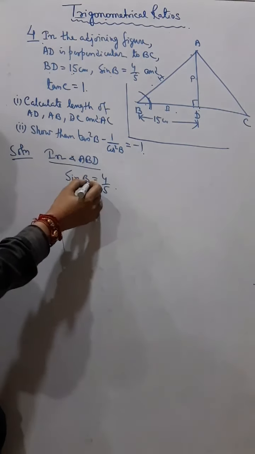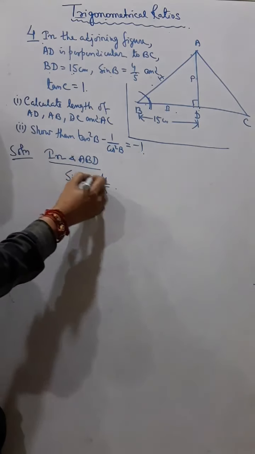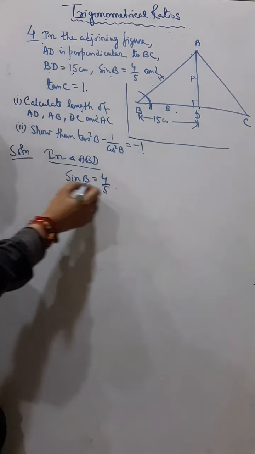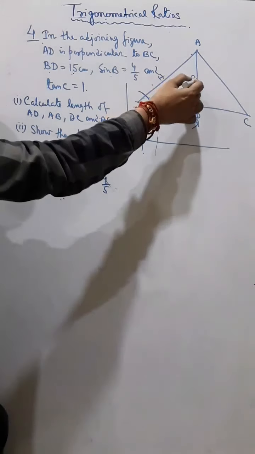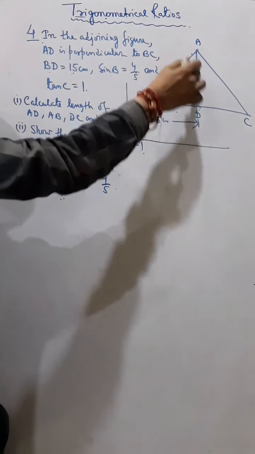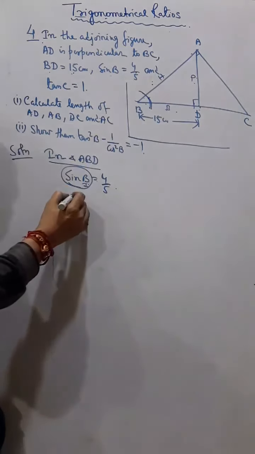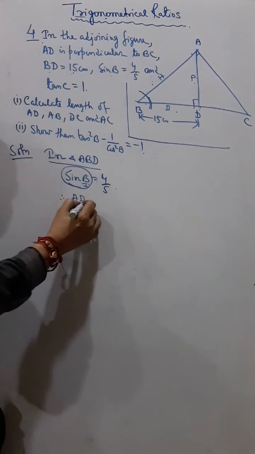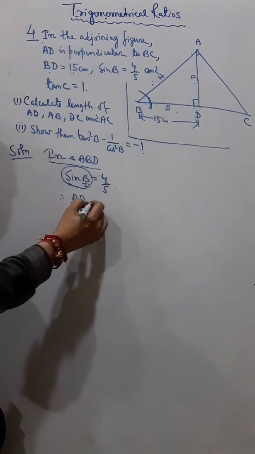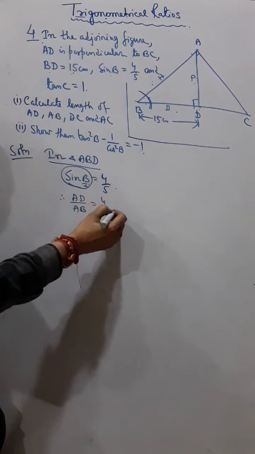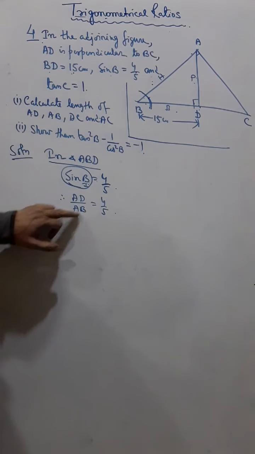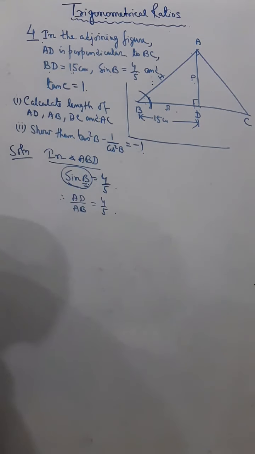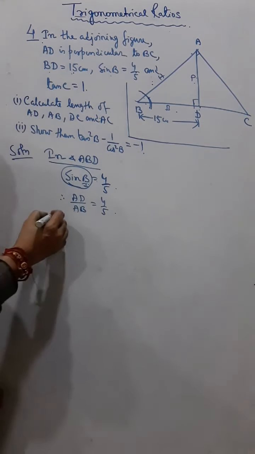So since the value of sine B is given as 4 by 5, and sine B means perpendicular by hypotenuse, that means AD by AB is equal to 4 by 5. So it's just a ratio.